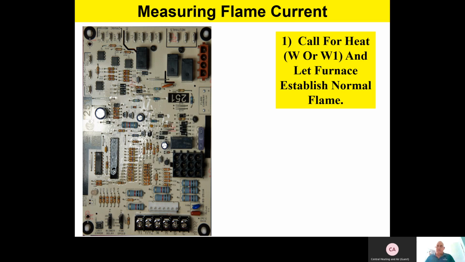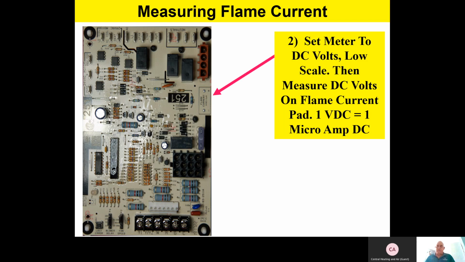Once the furnace establishes normal flame, he's going to take his meter to DC volts and go to a low scale. If he can scale it, typically it's going to be like 5 volts DC. Then you measure DC volts on that flame current pad. Now remember, team, 1 volt DC on your meter is equal to 1 microamp flame current.